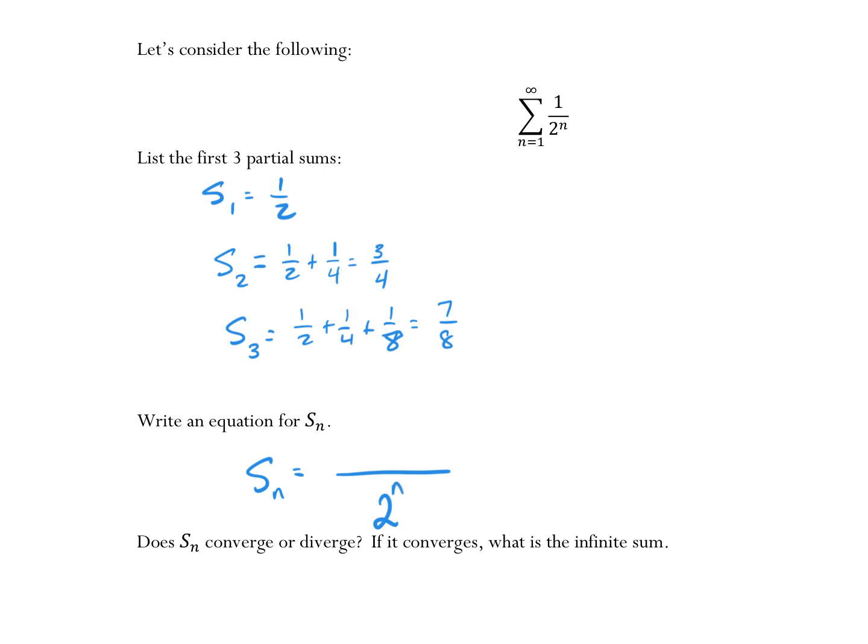to the n, the bottom's doubling, right? So each time, this is 2 to the first power, this ended up being 2 to the second, this ended up being 2 to the third, right? And that the numerator is always 1 less than the denominator. So 2 to the n minus 1.